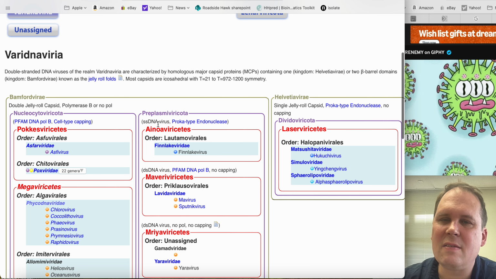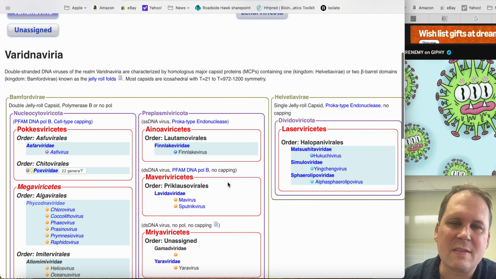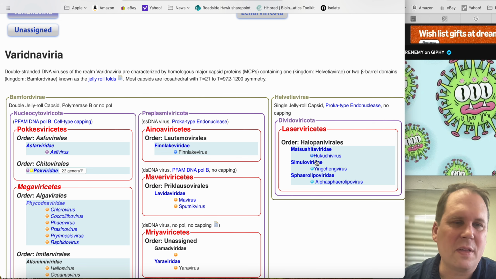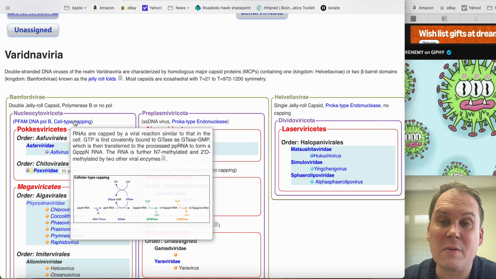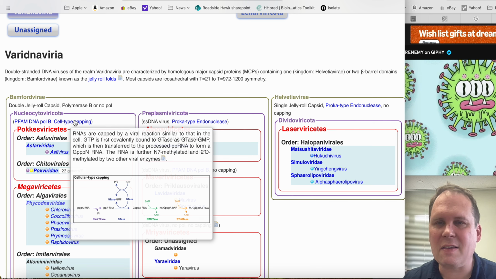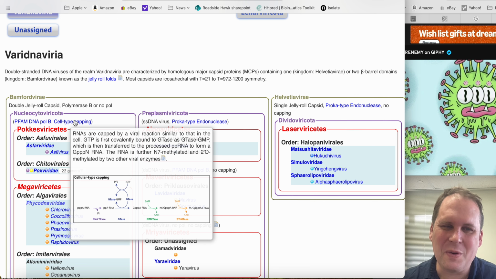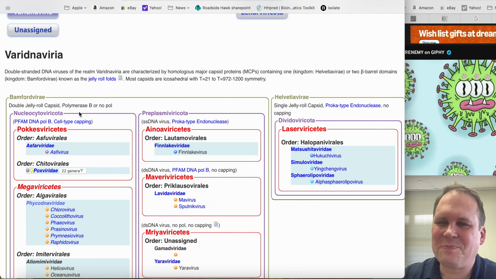These are single-stranded DNA, these are double-stranded DNA. But they're going to have a DNA polymerase, and they won't cap any of their own RNAs or something like that, which means they have some other mechanism that's able to do that. These are going to cap their own RNAs, and they're going to cap them in a way that makes them look just like cellular RNAs, probably because they're trying to hide inside of a cell with normal eukaryotic RNAs.